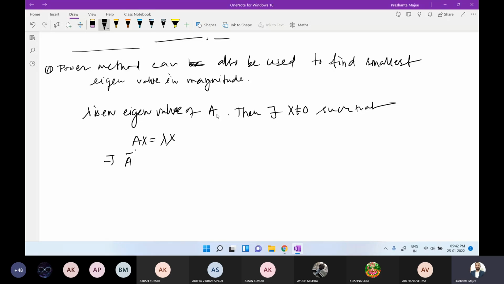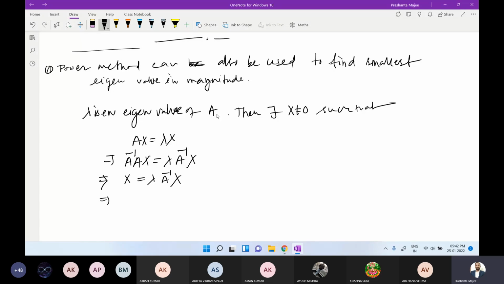So A inverse A into x is lambda into A inverse x. So what is A inverse A? Identity matrix. So identity matrix into x will give you x only. So x equals lambda A inverse x.